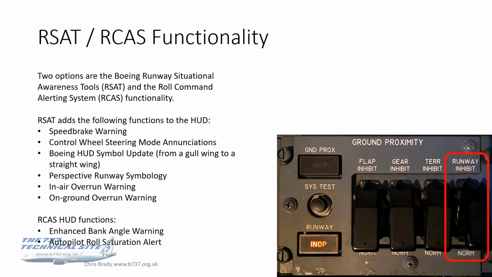Now, a lot of the photos I've shown you before were of an aircraft which had this feature, so you'll have seen some of these features on the previous photos. So speed brake warning, actually that wasn't on. Control wheel steering mode enunciations, that wasn't on, because who uses CWS these days? The Boeing HUD symbol update from a gull wing to a straight wing, well, that was on, you saw that. Perspective runway symbology, you saw. In-air overrun warning and on-ground overrun warning.